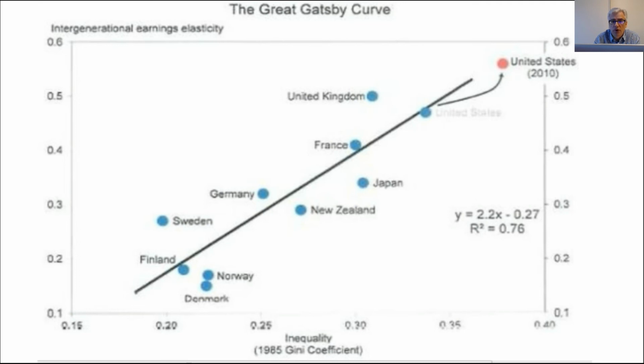If you were born in a poor family in the United States, your chances are very high to be poor in the future. On the positive side, if you were born in a very rich family, you are quite likely to be rich in the future as well.